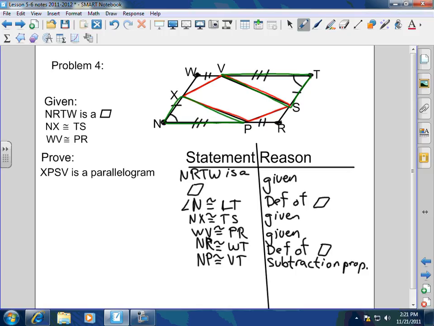Does that make sense? And then from there, XP would be congruent to VS. And then from there, because of CPCTC, of course. And then from there, what do we say there?